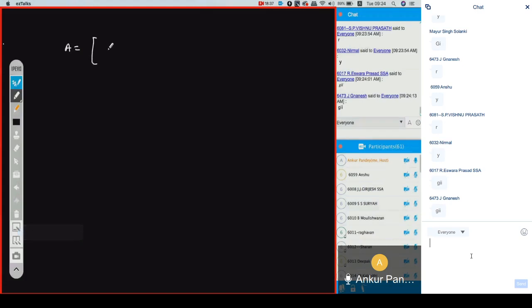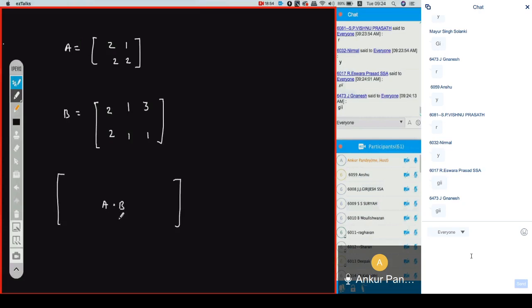If A is equal to 2, 1, 2, 2 and B is equal to 2, 2, 1, 1, 3, 1, then what is the determinant value of A into B? Quickly.